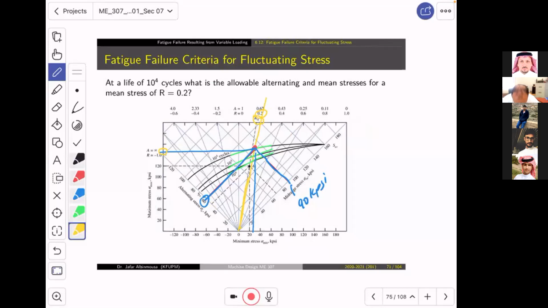This one, I think, is going to continue: this is 120, this one supposed to be 140, this one 160, and then 180.